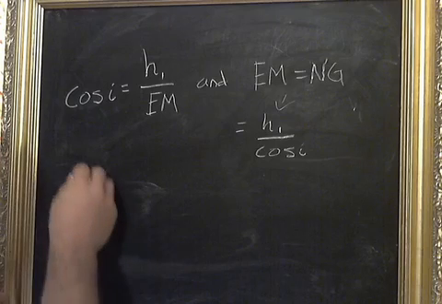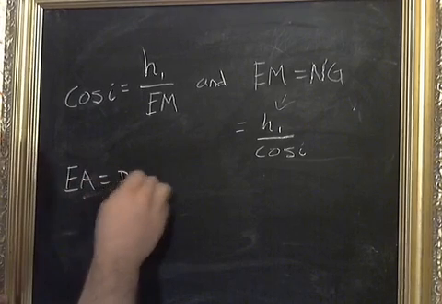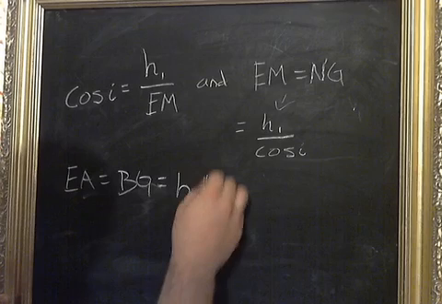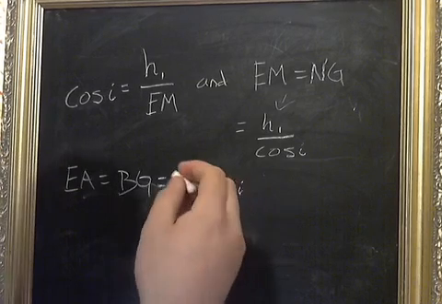Also, we know that EA equals BG equals h1 tangent I. Again, with our trig functions.